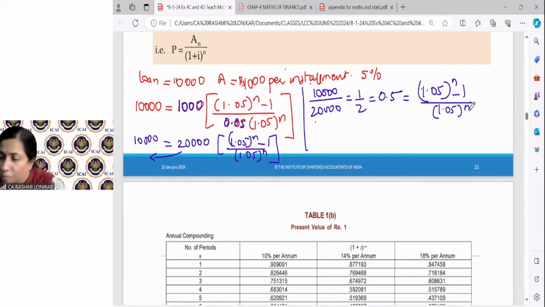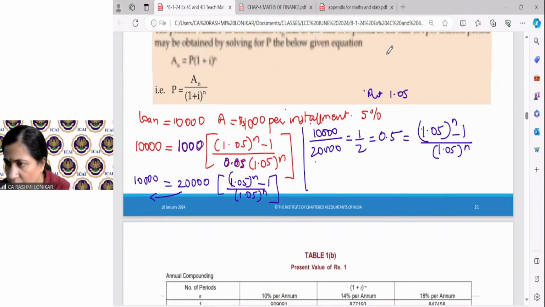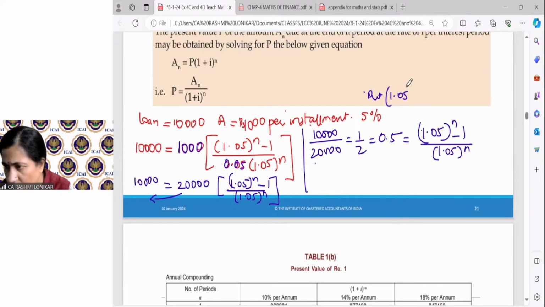If you are not comfortable still with this raise to, what you can do is put 1.05 raised to n equal to x.